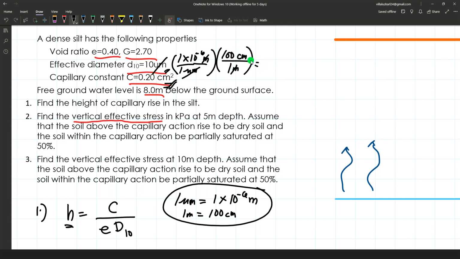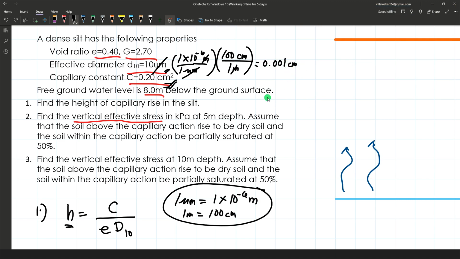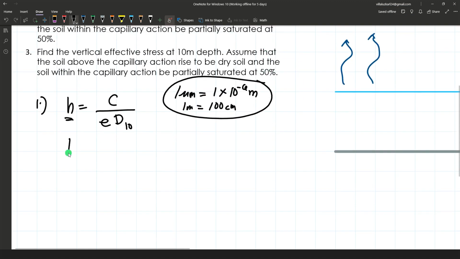Computing that, we have 10 times 1 times 10 raised to negative 6 times 100. That's 0.001 centimeters. So we all now have centimeter units, and we can now compute the height of capillary action.